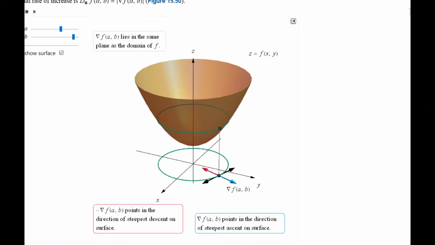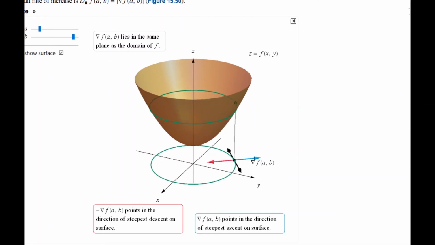To be more precise, this here is a visualization that summarizes the conclusions that we made. Notice that the gradient points in the direction of steepest ascent, and we could change the point (a, b).